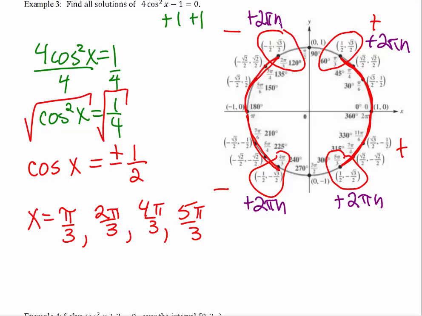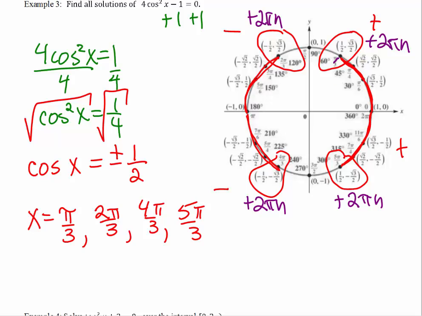But that might not be the most efficient way to do it. Now the angles are not equally spaced, starting at 60 degrees. If I go to 120, those are 60 degrees apart. But then from 120 to 240, those are 120 degrees apart. So there's not a quick way to get from the first angle to all 4 of the rest.